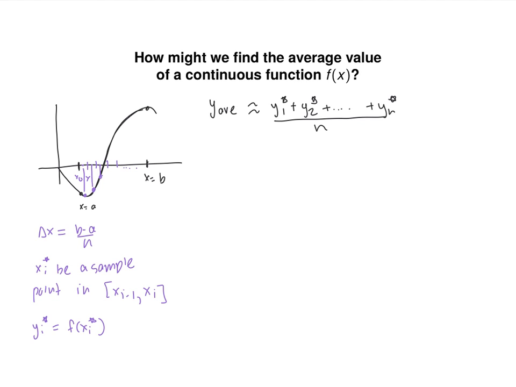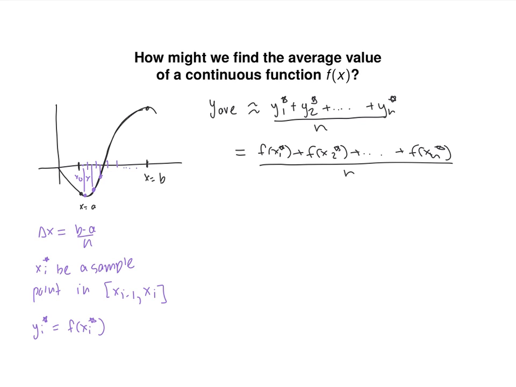That's the same thing as f of x1 star plus f of x2 star, etc. up to f of xn star, all over n.